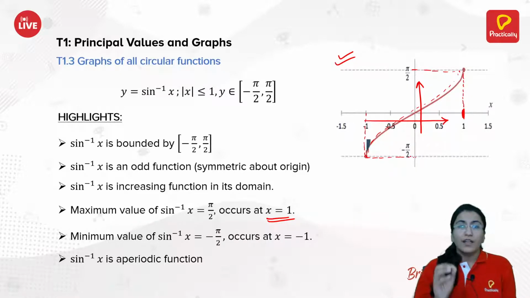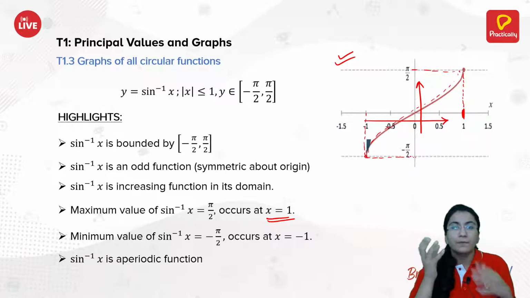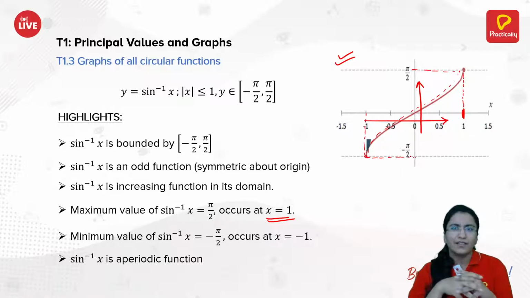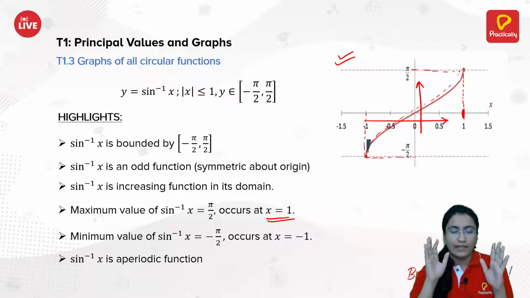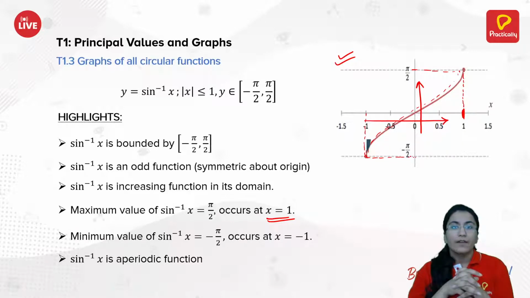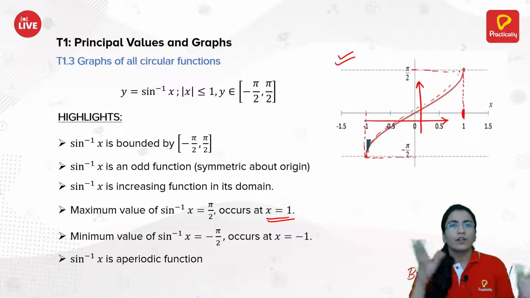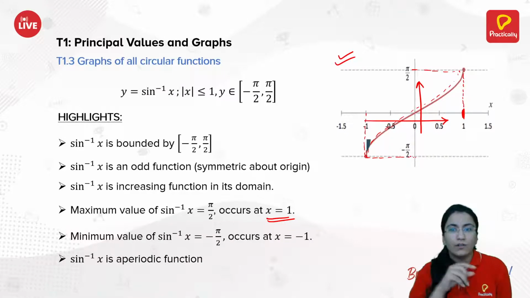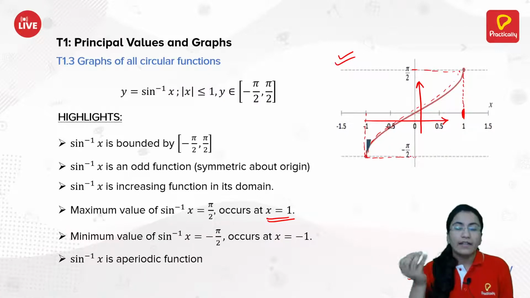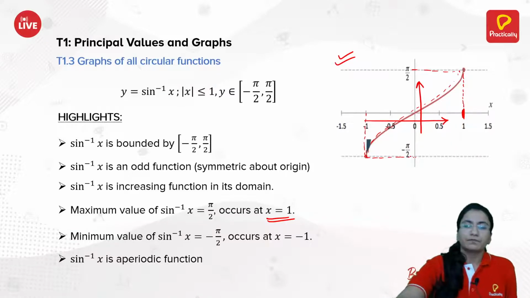That means if you are confused whether it is periodic or not, and you are not able to recall the graph, you can recall the property that a periodic function is defined on the complete R, and here the domain is not the complete real number set, so it can't be periodic, right?